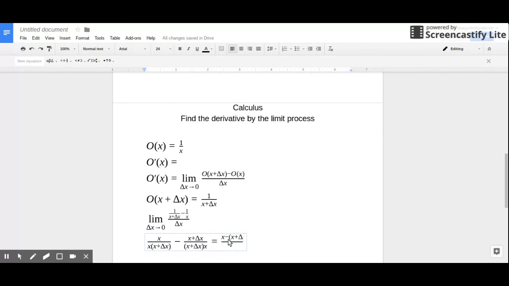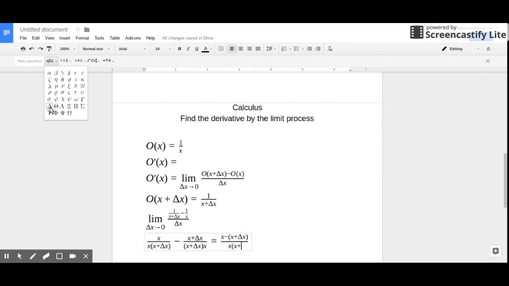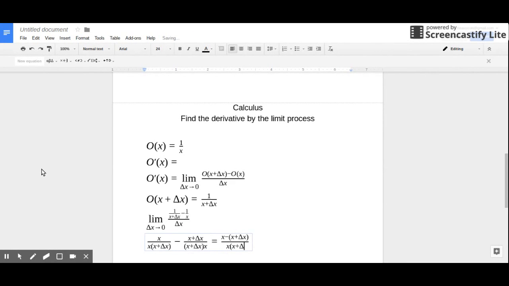And putting a parentheses helps us to remember we've got to distribute that across. And of course, down here in the denominator, we have x, and then x plus delta x. Man, I wish there were shortcut keys for this stuff. x plus delta x. Okay, so writing it as one single fraction.